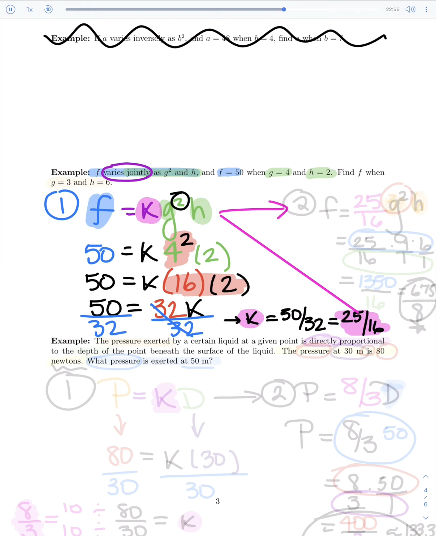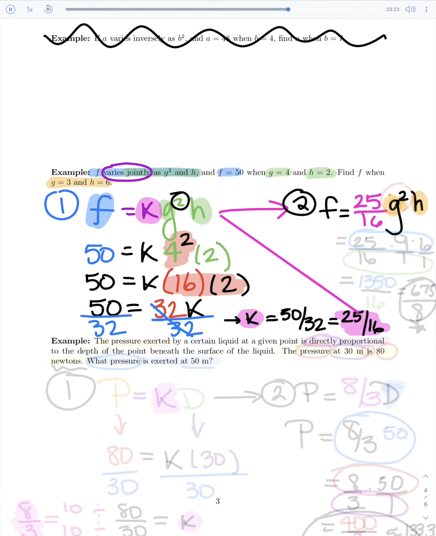So that will give me a new version of that equation of F equals, well, K was 25 over 16 times your G squared and your H. Let's see what they give me to plug in on this final step. Notice on the final step here, they gave me to plug in a G of 3 and an H of 6.